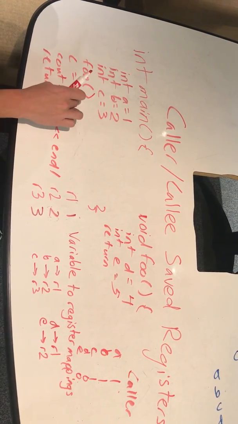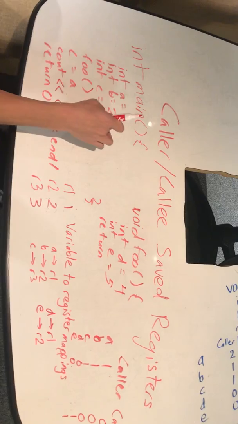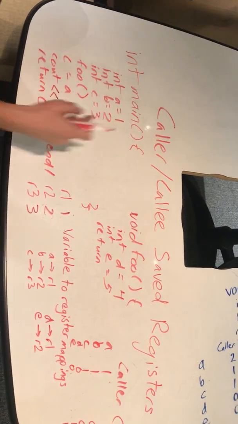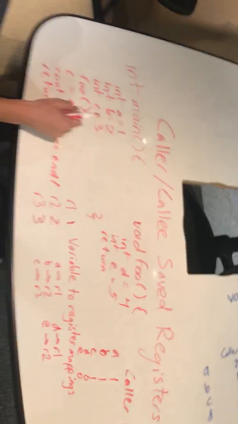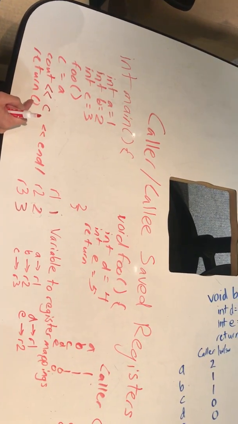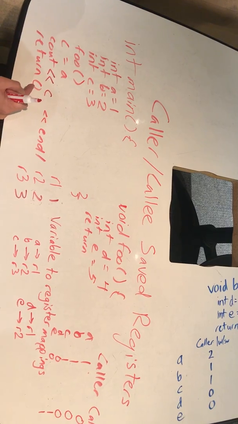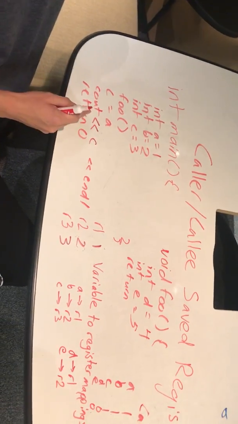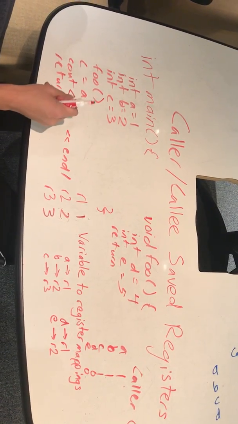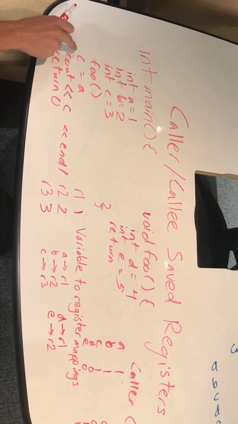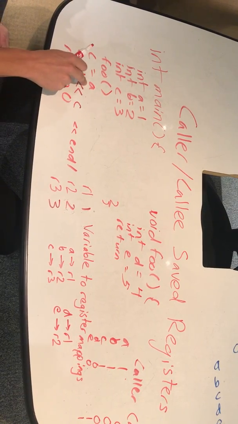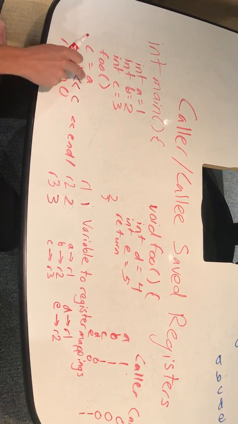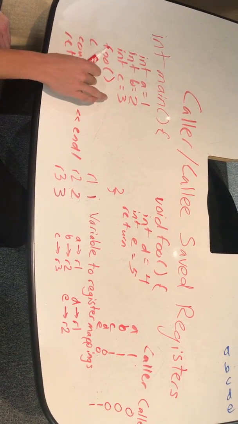When main calls foo, it now no longer needs to save the values associated with these variables B and C, because it doesn't actually use them down here in the code. So foo could change the value of register 2 and main wouldn't care. And foo could change the value of register 3 and main wouldn't care, because C is just getting whatever value is in register 3 overwritten here. So the only thing it needs is the value of A.